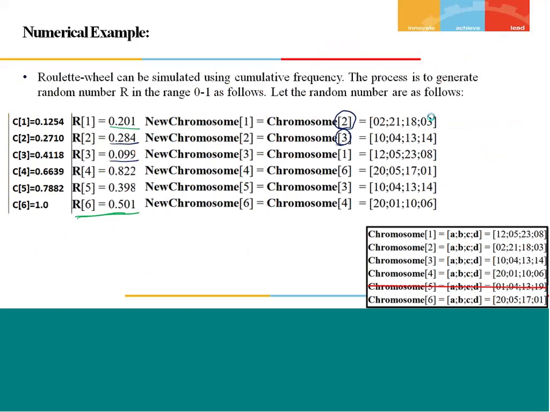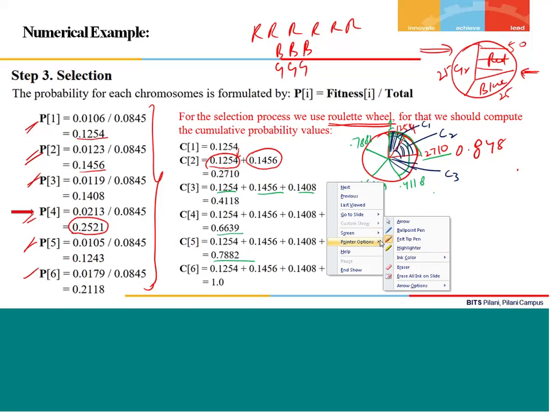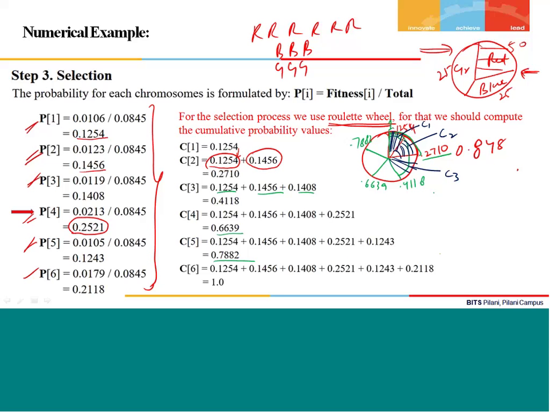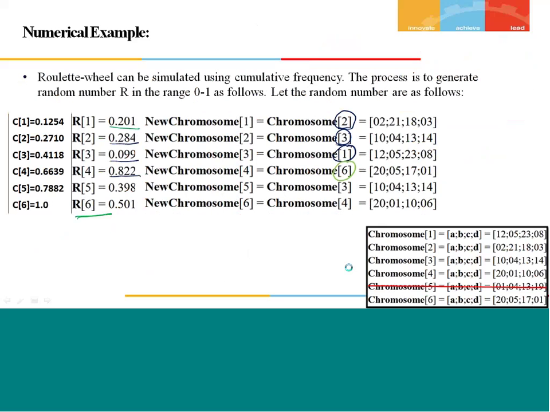Then my random number is 0.822. It goes somewhere here, 0.822, so this belongs to chromosome 6, and that's why I got chromosome 6 here.